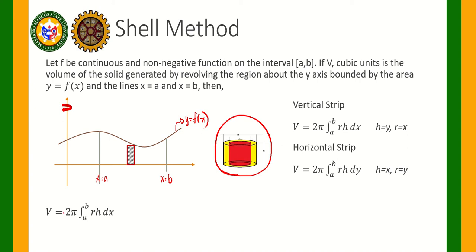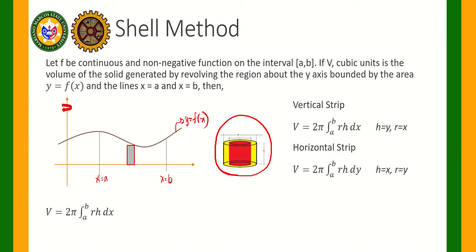Now, our general formula will be 2 pi times the integral of RH dx limits from a to b. Now, for a vertical strip, we are going to use the formula, which is this one, the general formula, where h is equal to y and r equal to x.